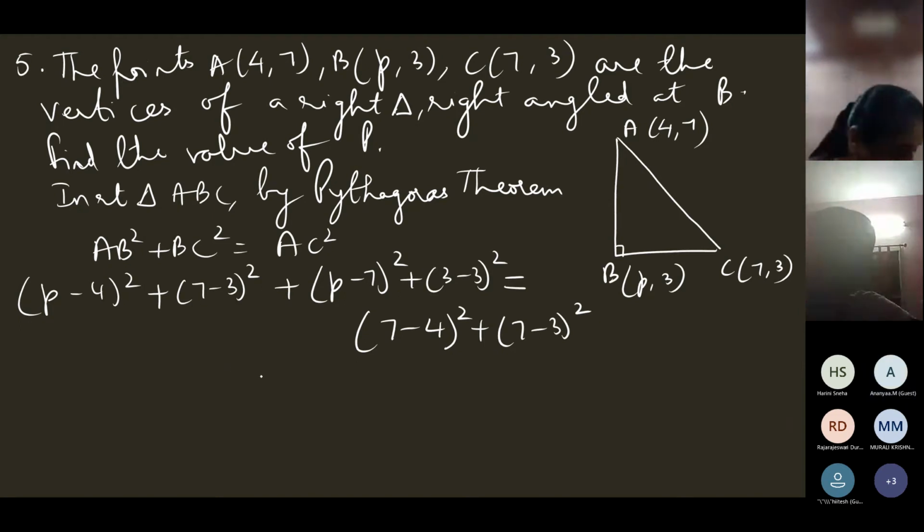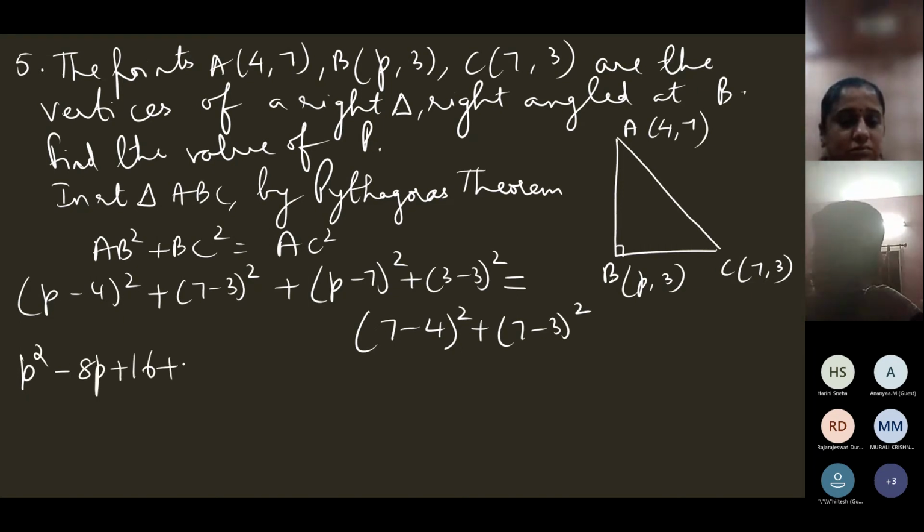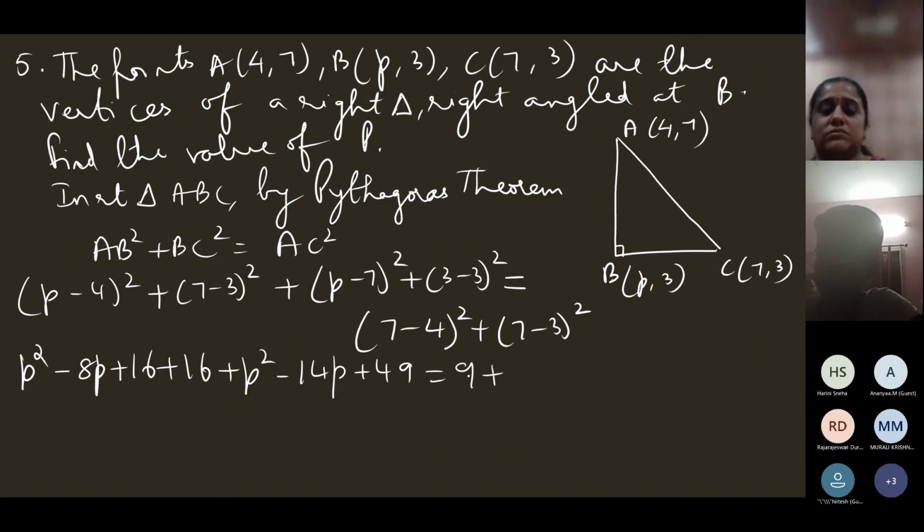Yes, Ananya? Quadratic equation p square minus 3p plus 28 equal to 0. Oh, it's not 3p. Check that. Minus 11p?